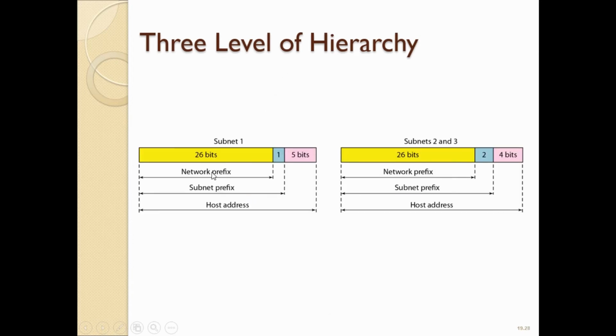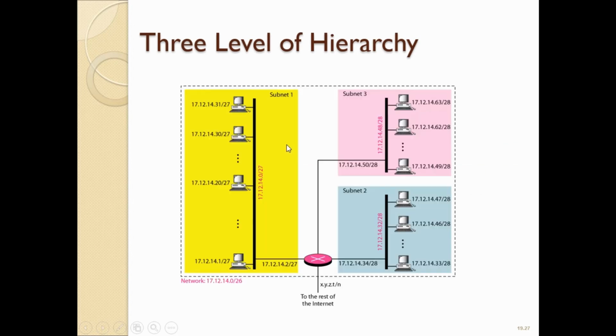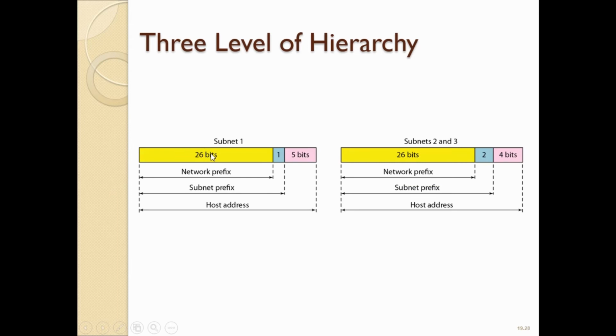You can see that the 26 here for subnet 1 means 26 bits are the network prefix. The one added here is the subnet prefix along with the network prefix, and the rest is the host address, making the whole 32 bits. Similarly for subnets 2 and 3, the subnet prefix is changed to 2 instead of 1, and the remaining bits are the host address.